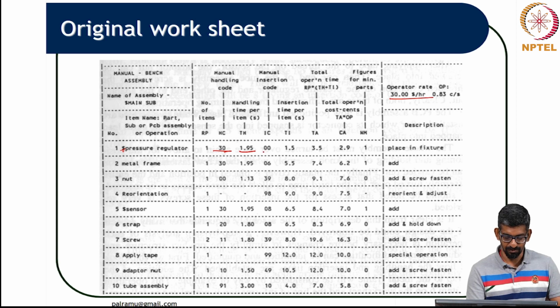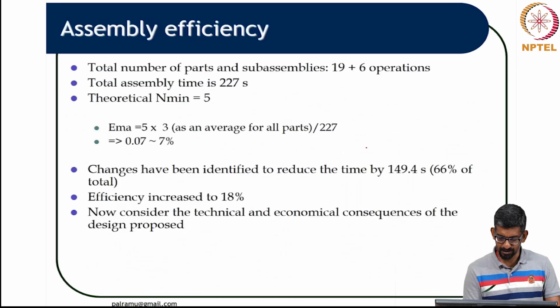Then you can go and you will find out, similarly, a code to be 00 and then the insertion time will be 1.5. So, if you add both of these you will get 3.5. So, this is close to 2, 1.5 is 3.5 and you can just put the operation cost, the minimum part, okay. Is it a minimum theoretical figure for minimum parts, right?